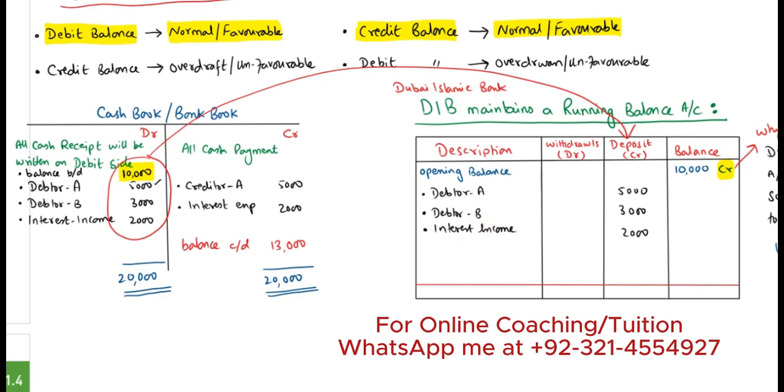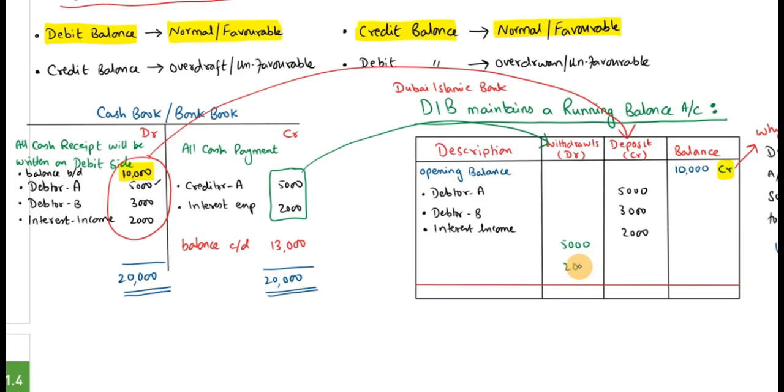Now every credit transaction will be recorded on the debit of the bank account. So we will write 5,000 and 2,000. Here you can see the 5,000 and 2,000.